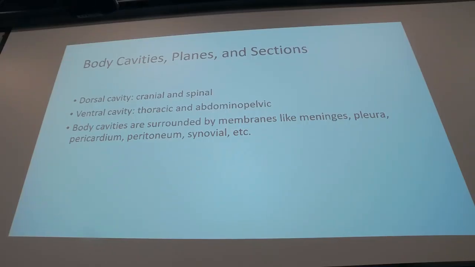I mean, well, not surrounded, it's protected more than surrounded, but at least we have the vertebrae in this region in the abdominal cavity, but then the pelvic cavity is protected by the coxal bones. And then we have some body cavities that are surrounded by membranes, like the meninges.